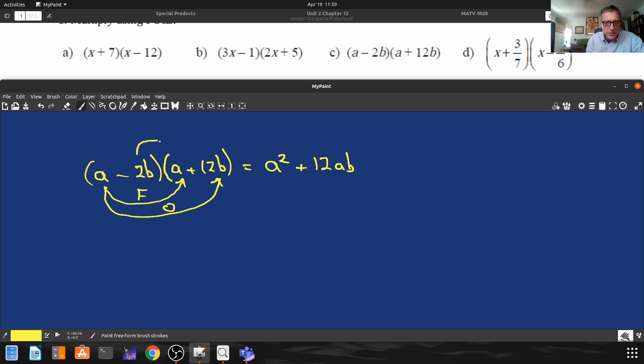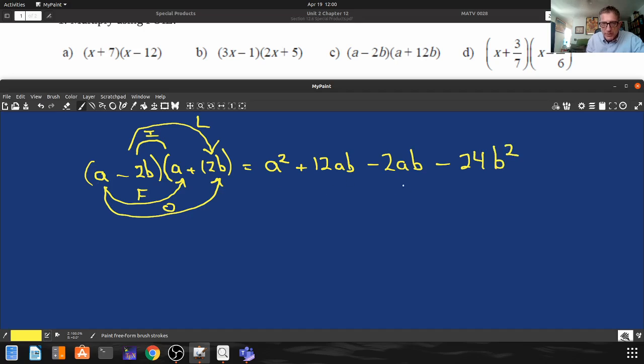My inner terms is minus 2b times a, so that's minus 2ab, and I'm going to write my variables in alphabetical order, and then my last terms is minus 2b times 12b, which is minus 24b squared.